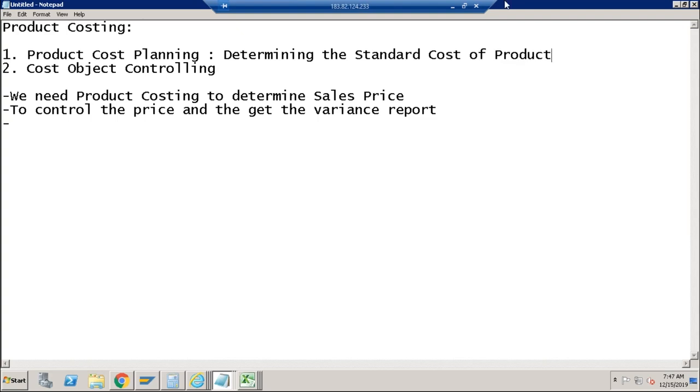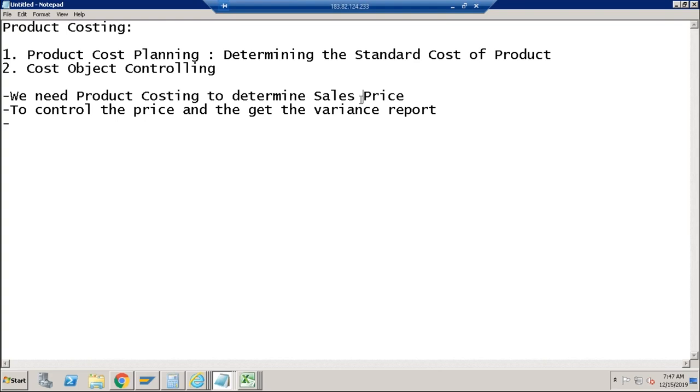What do you mean by standard cost now? Standard cost means, as you said, we want to know what should be the price at which we sell this particular material. In our example, let's say our product is a laptop. It is not like the customer will come to you, give you the order, and you will tell him the price once the product has been manufactured.